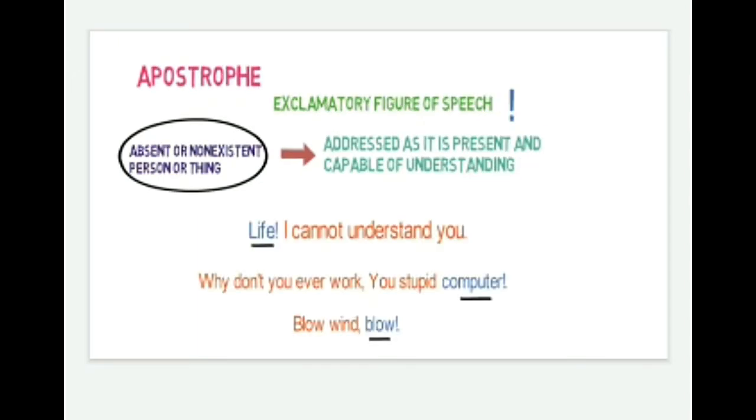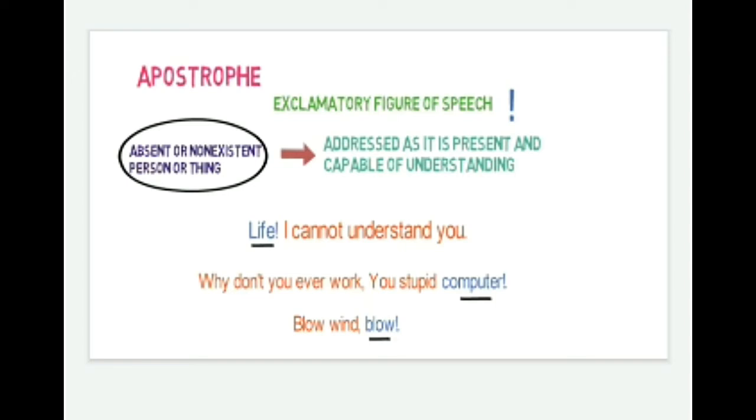An example of apostrophe is: Life, I cannot understand you! After Life there is an exclamatory mark. Life is a thing that we can't fully understand. Another: Why don't you ever work, you stupid computer?